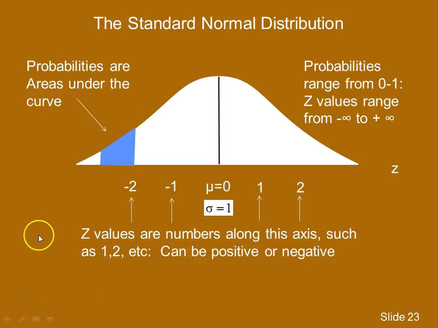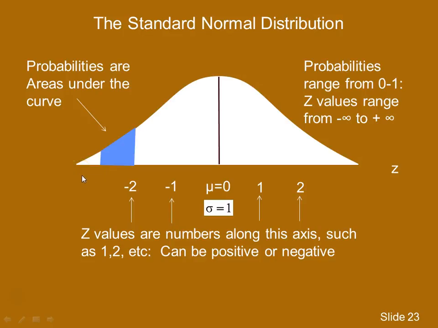It's important, before we take a look at the table in a minute, that you do not confuse Z values, which are values on this axis, with probabilities, which are areas under the curve. These are different things. Z values can be any number from positive infinity to negative infinity. Although we'll see that most Z values are in the range of roughly 3 to negative 3, because remember, 3 would be 3 standard deviations above the mean, and negative 3 would be 3 standard deviations below the mean.